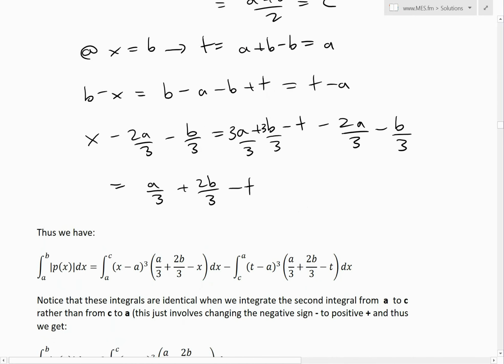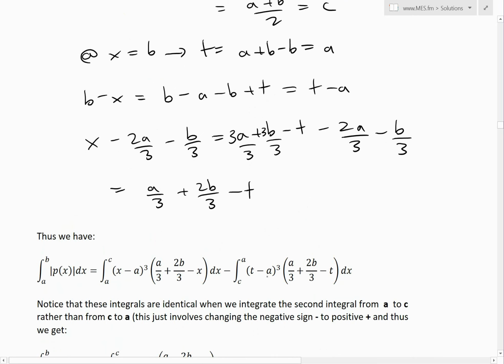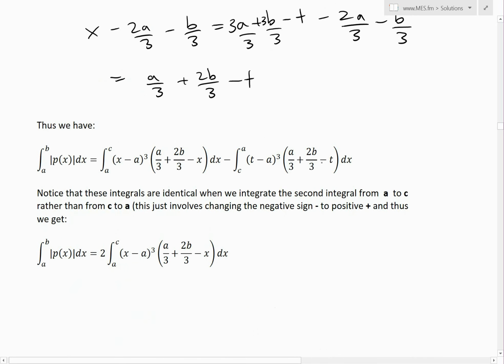So the integral from c to a, now we have this t minus a, this is a cubed, this is 2b, this is t. Whoops, delete this, that's t. So this is the exact same integral, we're just using t instead of x, so it doesn't really matter, it could be any variable.